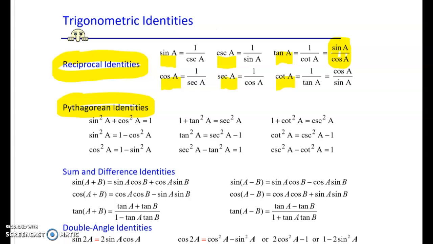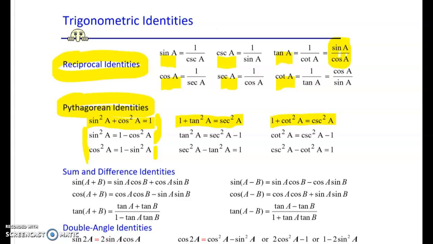Then the other thing I want to quickly point out before I get into the problems is that these top 3 Pythagorean identities are the ones that are the identities. If you look at these 2 underneath here, those are just manipulated, meaning from here to here, all they did was move the cosine over, subtracted it.